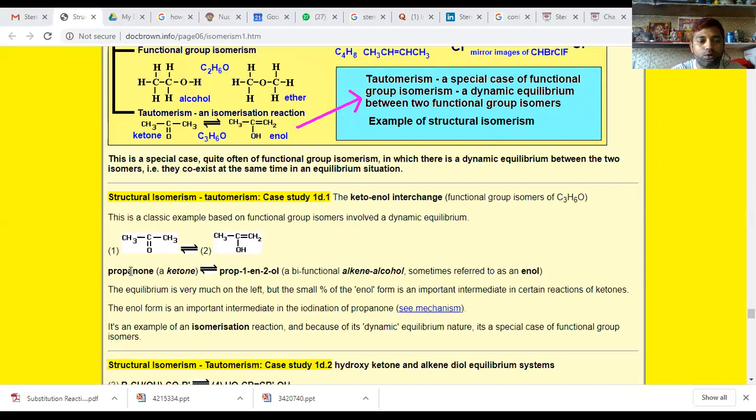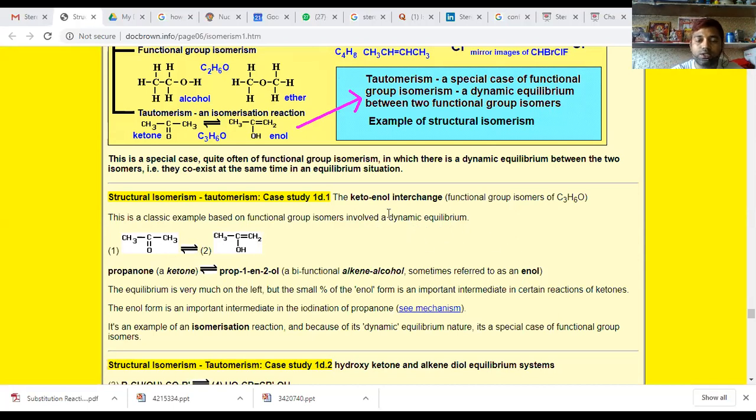So this ketone, which is propanone, is in equilibrium with prop-1-en-2-ol, a bifunctional alkene alcohol, or sometimes referred to as an enol.